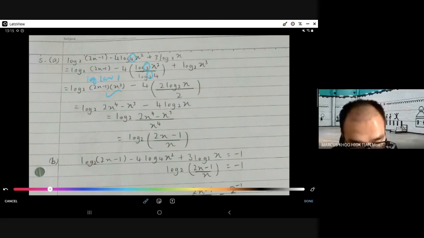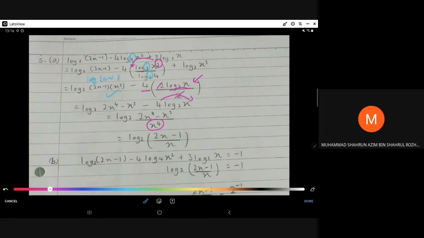Hold on now, 1 minute. This 2 you bring down. Then after that you cut and cut, so you get 4 log 2 x. Then you bring the 4 up. That's why you get x to the power of 4.